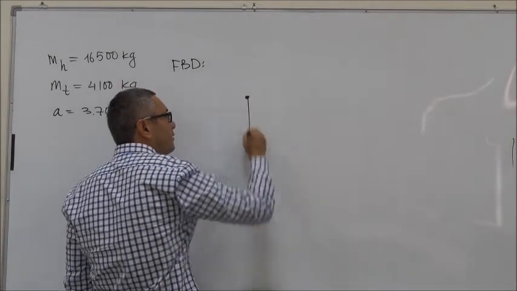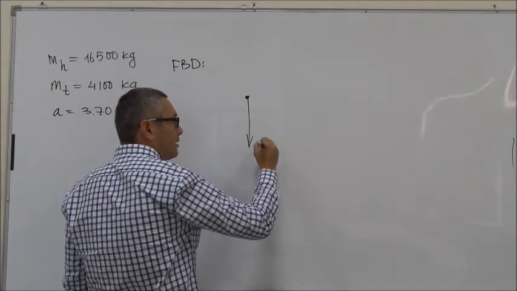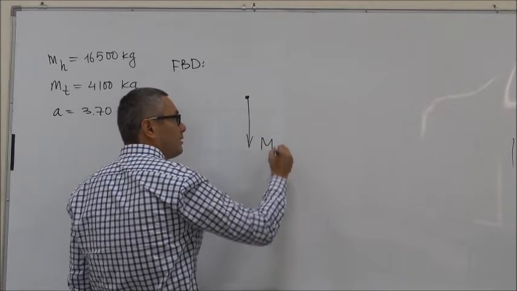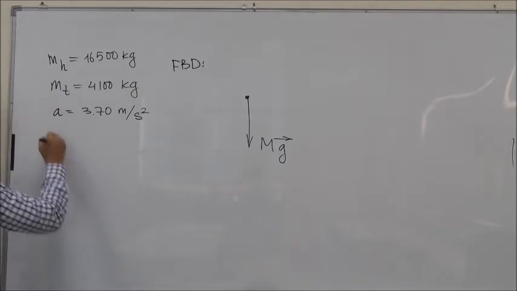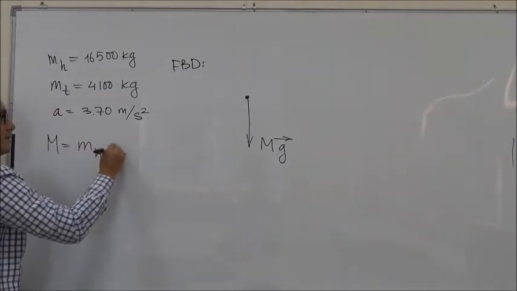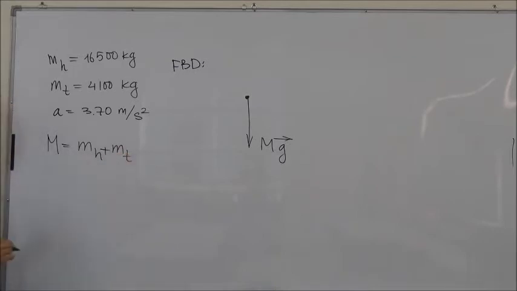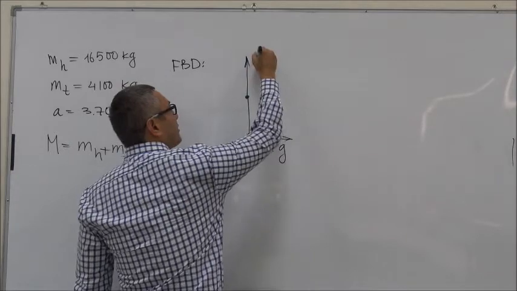There is a gravity force which is pulling it downwards, and that is equal to the total mass times free fall acceleration. Let's say that the total mass m is the mass of the helicopter plus the mass of the truck. And then there is a force that is pulling it upwards.